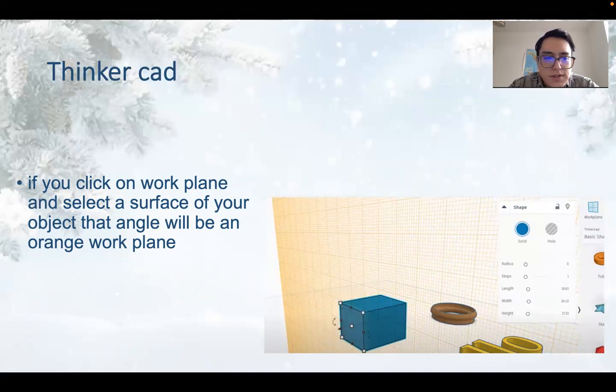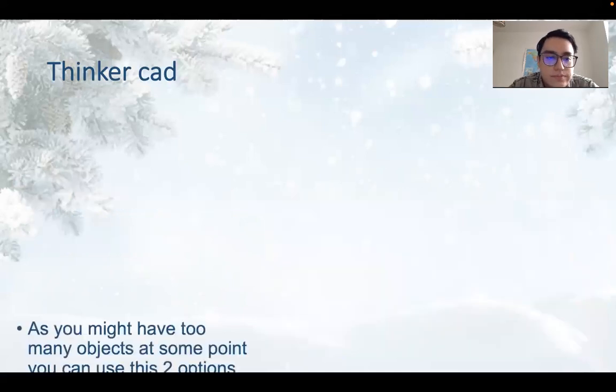So this is a work plane that you add by yourself. Throughout our lectures, we have used it sometimes. I hope you have followed it with me while I was doing it. So you can create your own work plane, and everything will be based on that, and it would be easier to make changes.